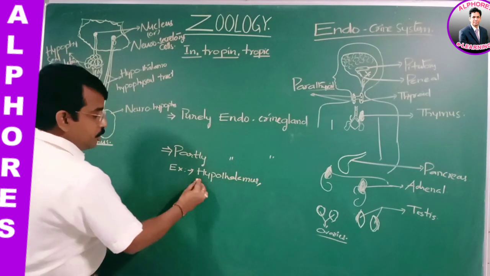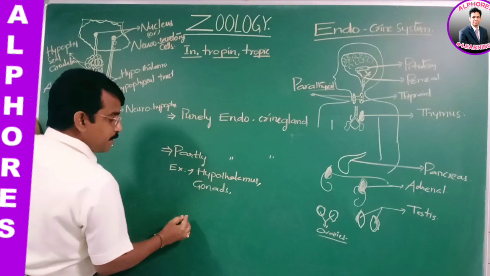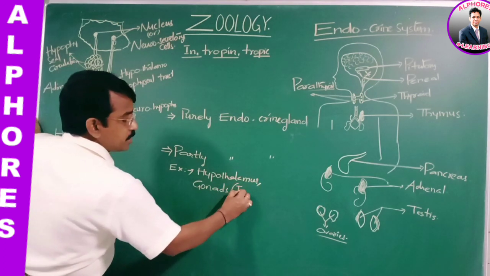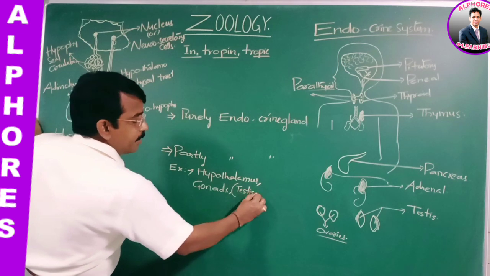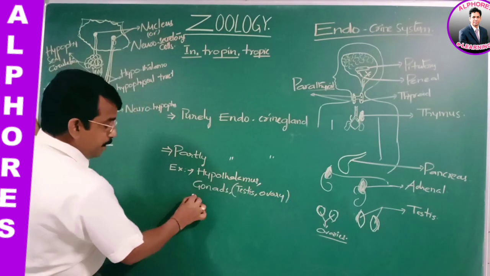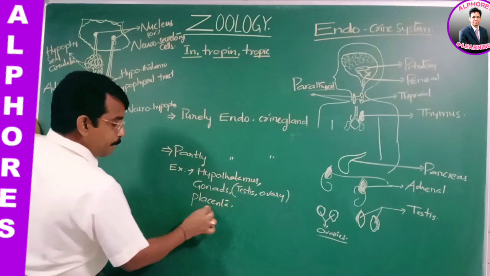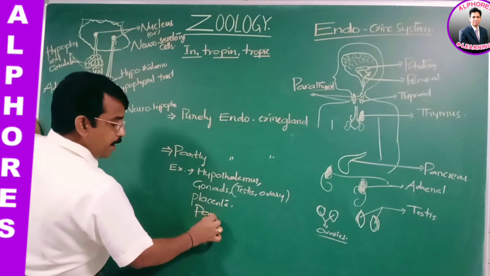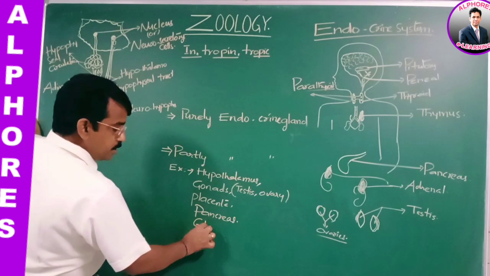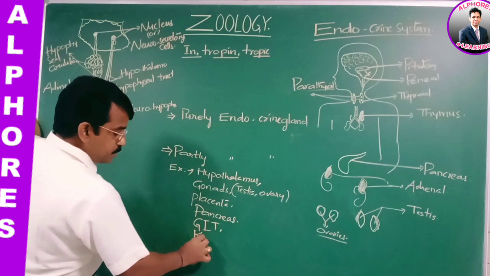Next, the gonads, which include both the testis as well as the ovary. Next, placenta, pancreas, gastrointestinal tract, kidneys.